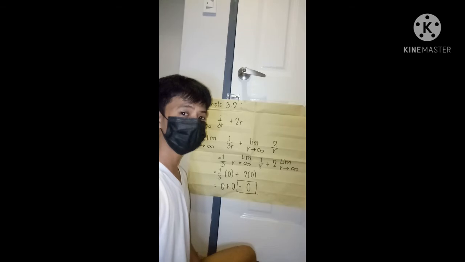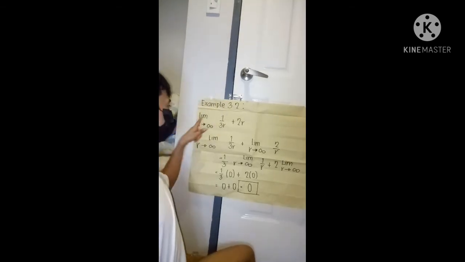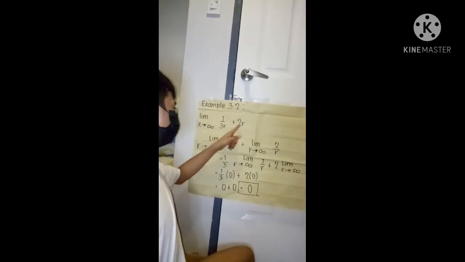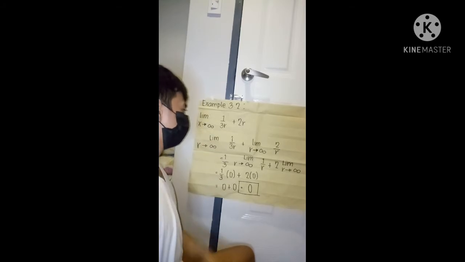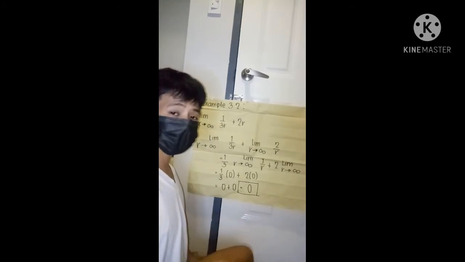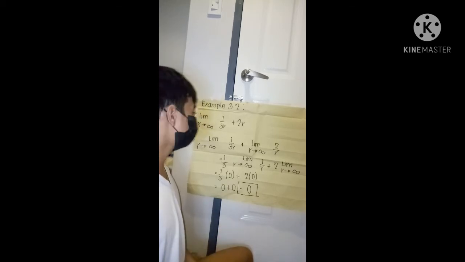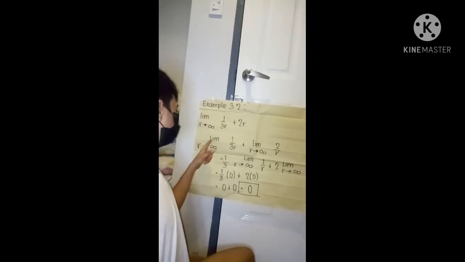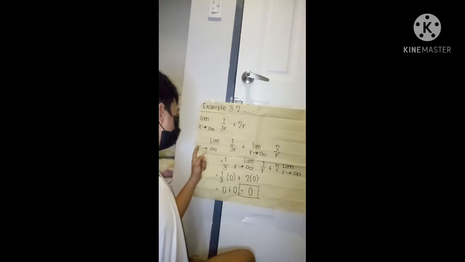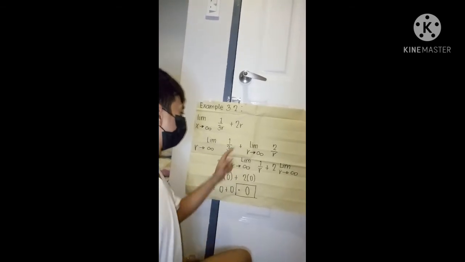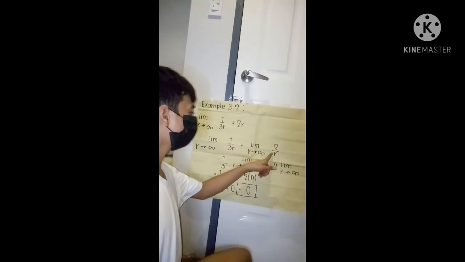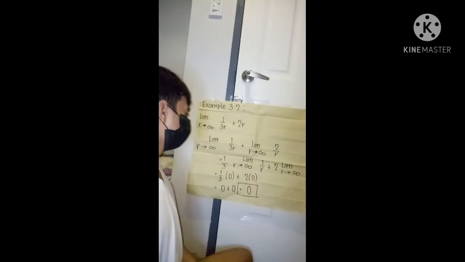Example number 3.2. The limit of 1 over 3r plus 2 over r as r approaches infinity. In this example, we need to use limit laws. The first law is the sum and difference rule. The limit of 1 over 3r as r approaches infinity plus the limit of 2 over r as r approaches infinity.